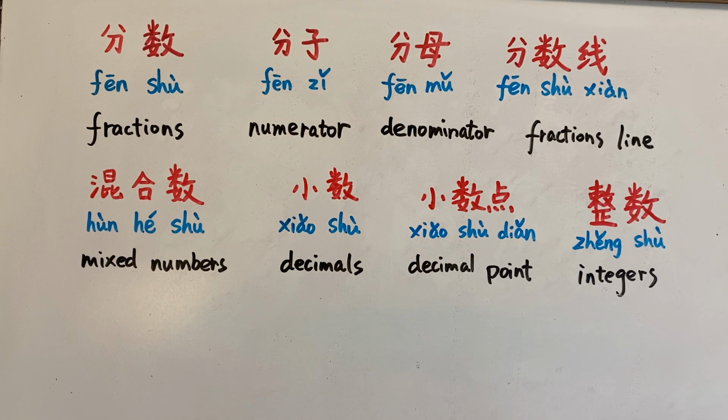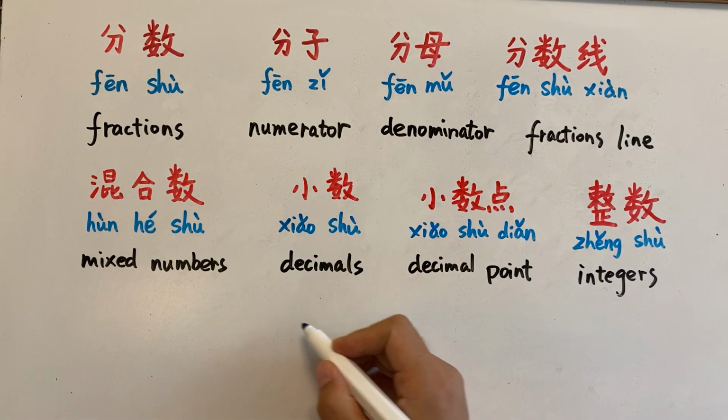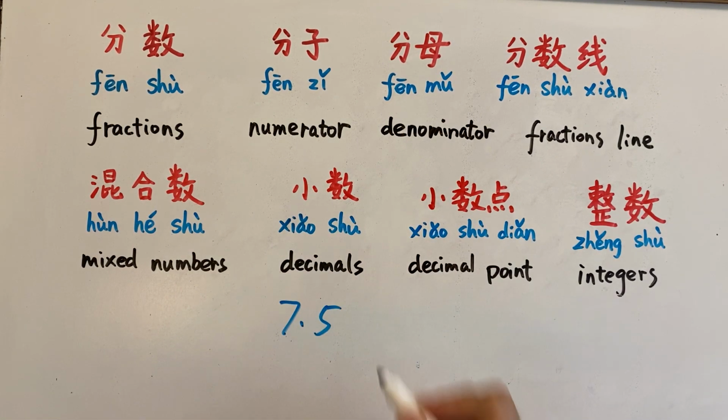The second part in this episode is to teach you how to say decimals in Chinese. It's very easy. Decimals, for example, in English, we call it 7.5. It's the same in Chinese.